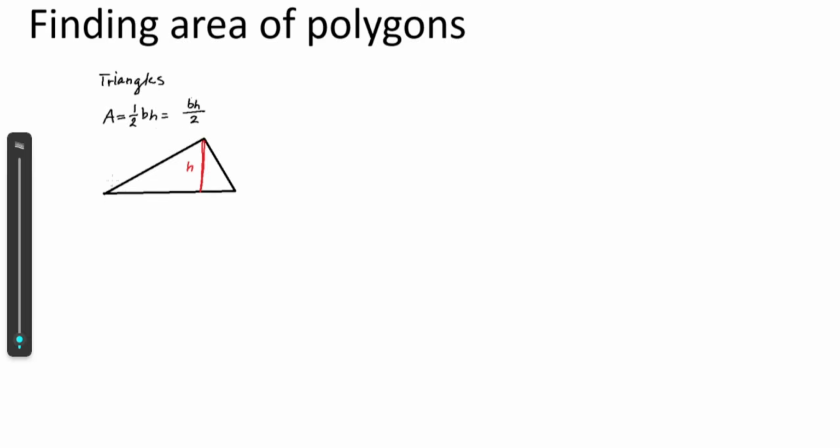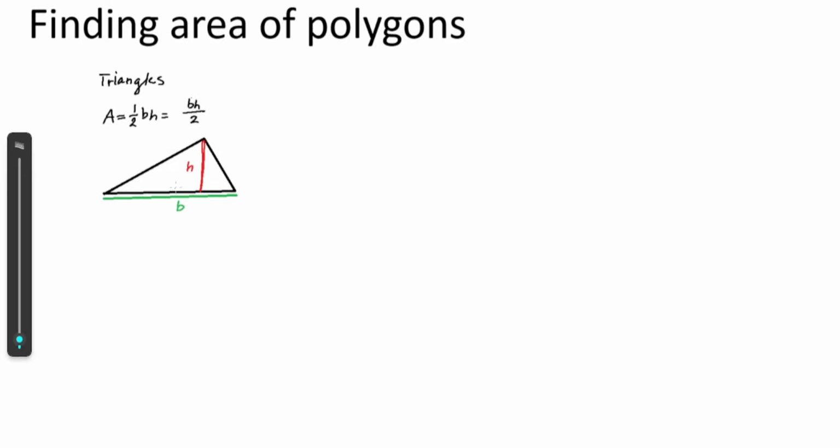I'm going to do this in green so you guys can see. The base of the triangle is from this point to this point, this segment that I drew here. It's from those two points. So this is the base of the triangle.